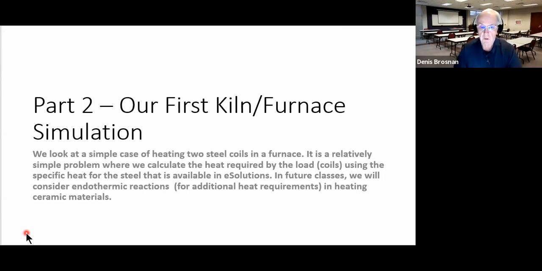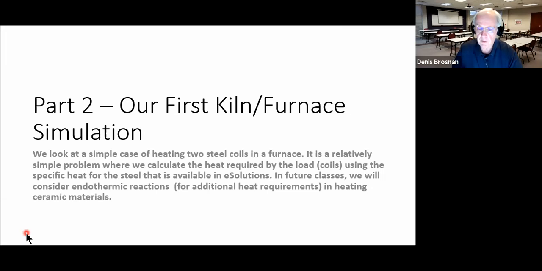It's a good program just to get started with, and so I'm using it here where we're heat treating 2 steel coils. So I know it's not a ceramic process, it's a heat treating process, but it's using a ceramic kiln. And one reason that we started with this one is there are no internal changes, no endothermic reactions of any note in this heat treating process.